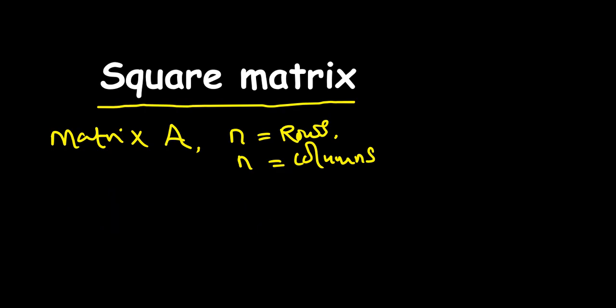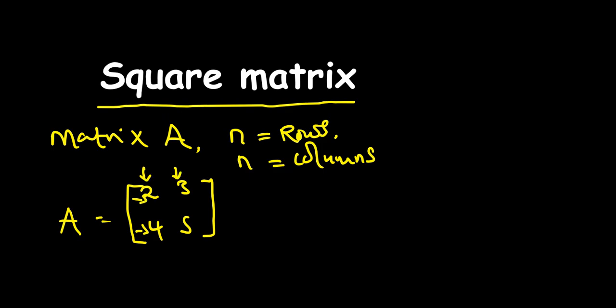So for example, I can write matrix A to be 2, 3, 4, 5. We see that in this matrix we have 2 rows, and we also have 2 columns. So the order of this matrix will just be 2 by 2. Here we have a square matrix because we have the same number of rows and columns.